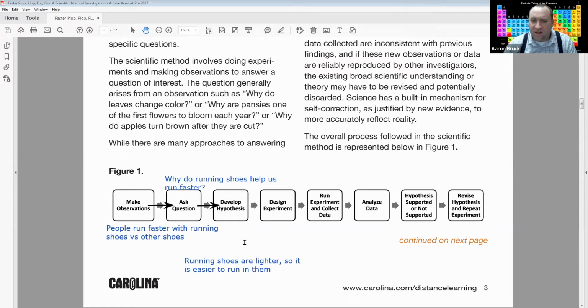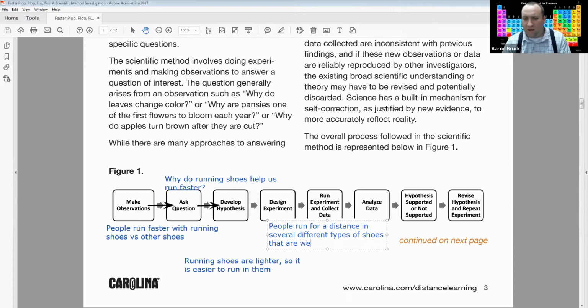And then we could design an experiment around this hypothesis. Maybe we set up an experiment where we run for a distance in several different types of shoes that are weighed before.